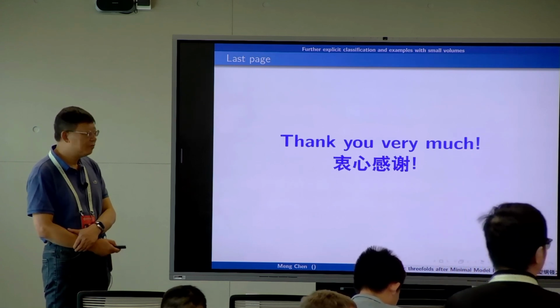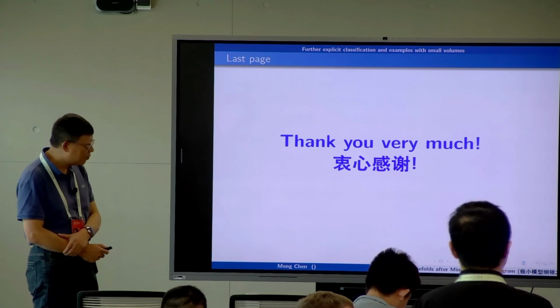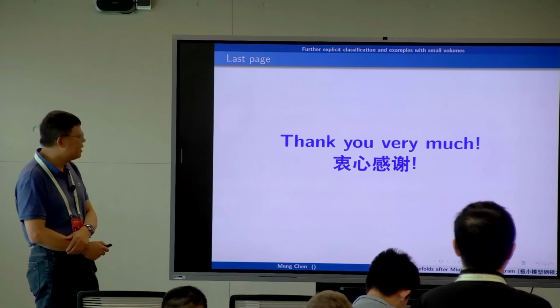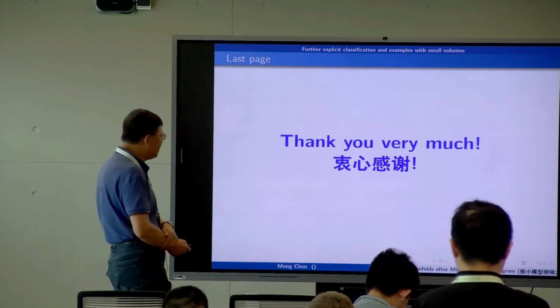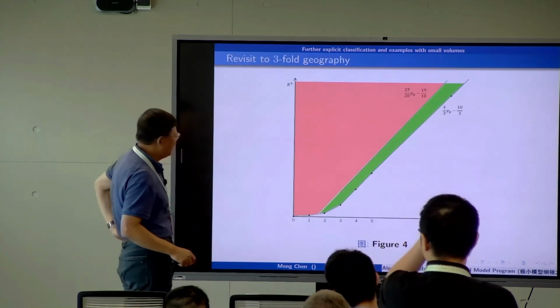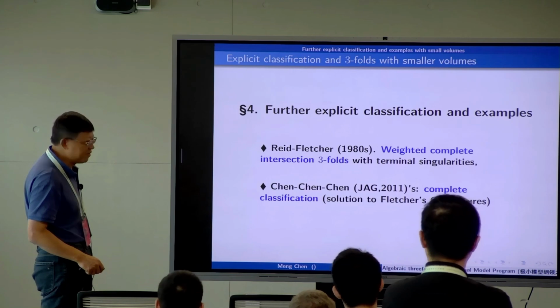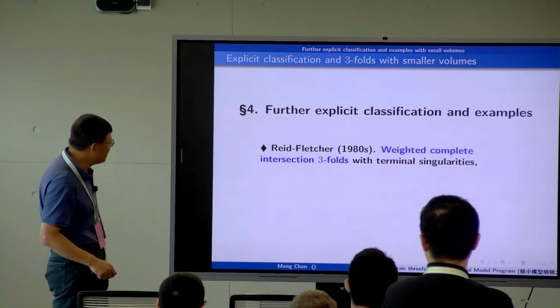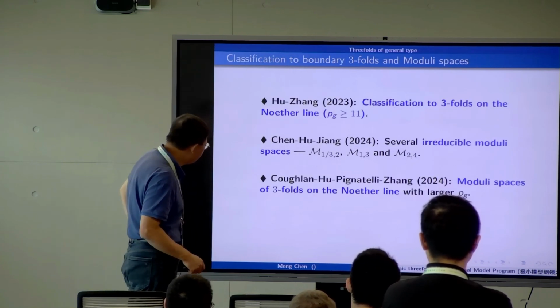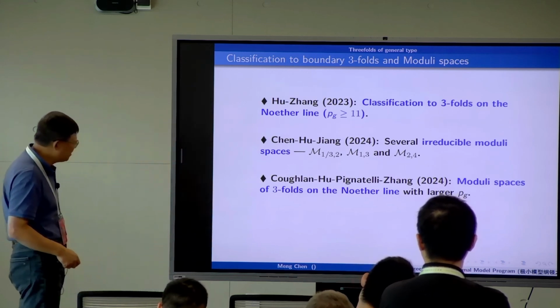Could you simply explain what explicit means? Yes, explicit. Explicit is relative, in a relative sense. For me, explicit means, here in this talk I mentioned two conjectures.